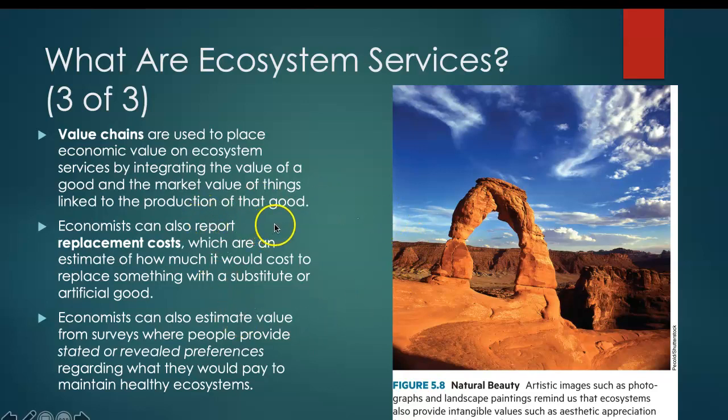And economists say that value chains are used to place economic value on ecosystem services, and they also report replacement costs, which estimate how much it costs to replace something with a substitute or artificial good. For example, if we burn out the tropical rainforest, how could we replace it?